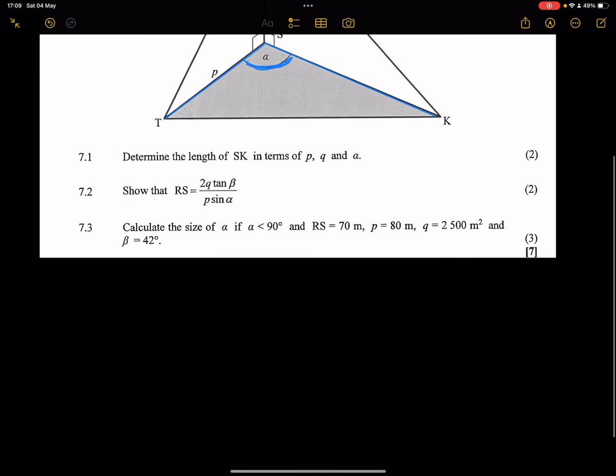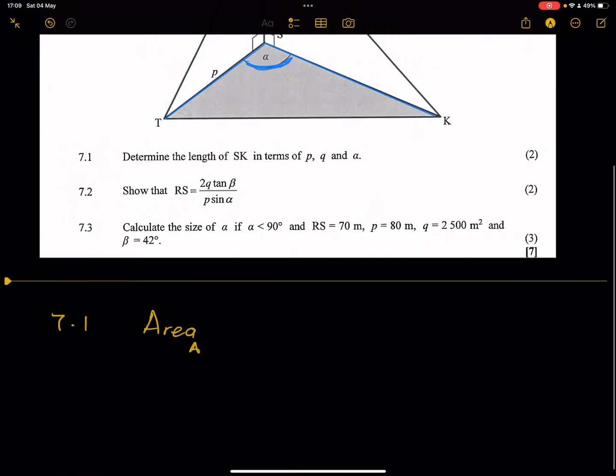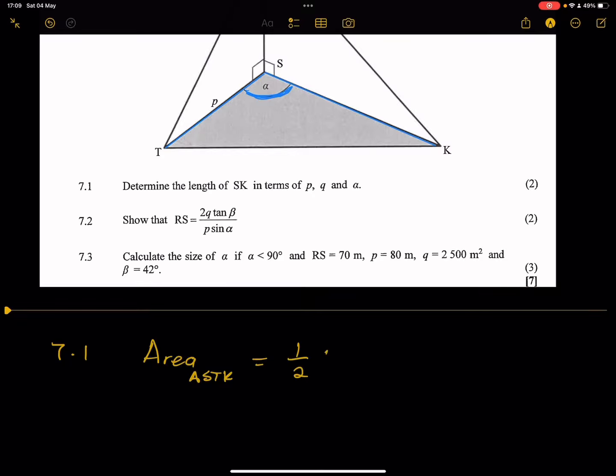So for 7.1, the area of triangle STK is equal to half of ST multiplied by SK, times the sine of angle alpha.